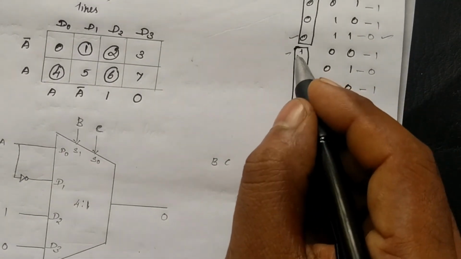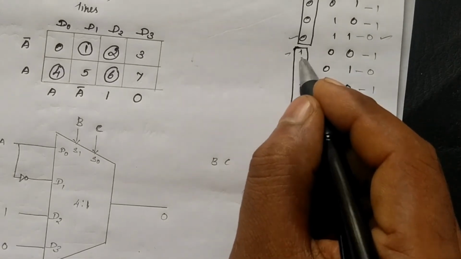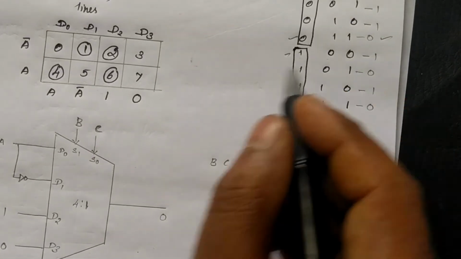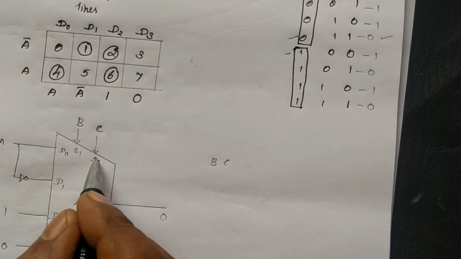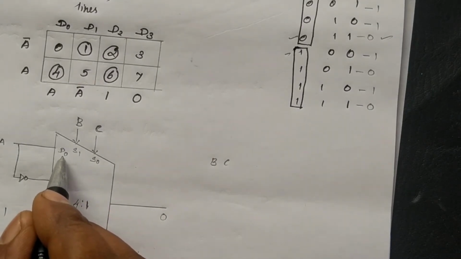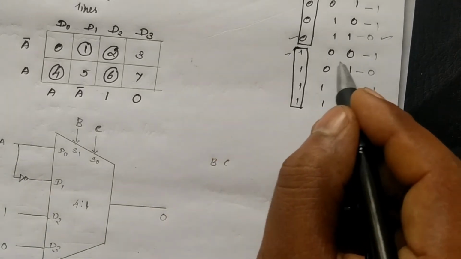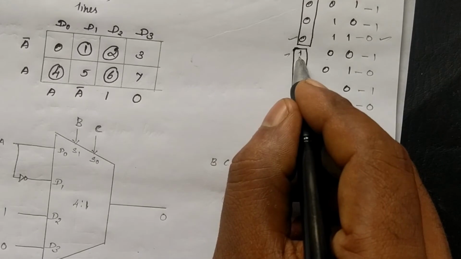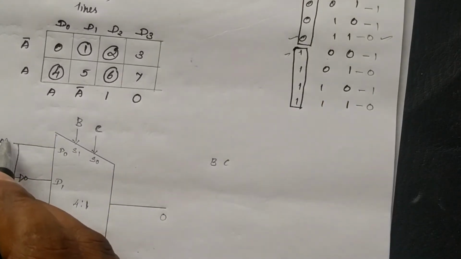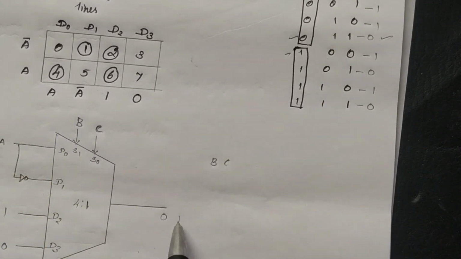Then I am going to check the next condition, 1 0 0. Here the selection line is 0 0, which will select D0. The D0 value is A. At that time the A value is equal to 1, therefore that 1 is passed to the output.